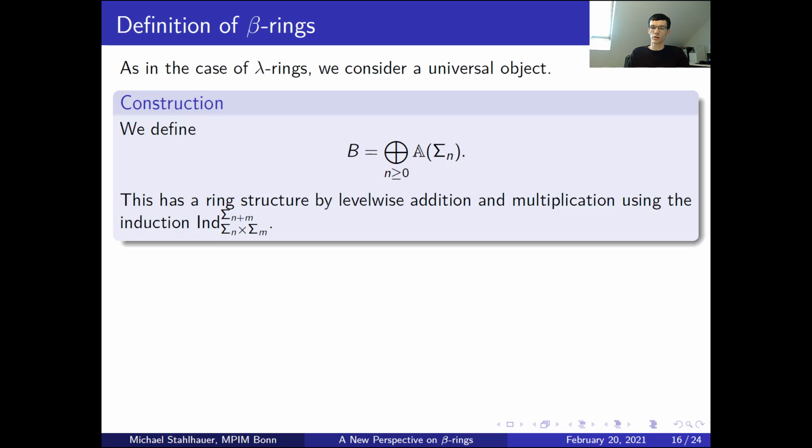So that's what we call capital beta. That's the direct sum of Burnside rings of symmetric groups, where before, for capital lambda, we had the direct sum of representation rings of symmetric groups. And this again has a ring structure in the same fashion as lambda had. So we have level-wise addition, and the multiplication uses this induction.